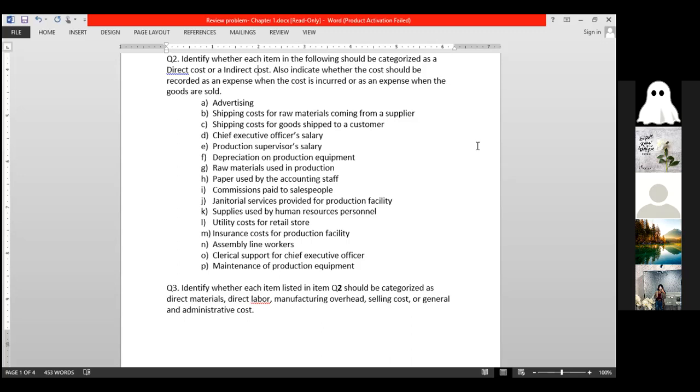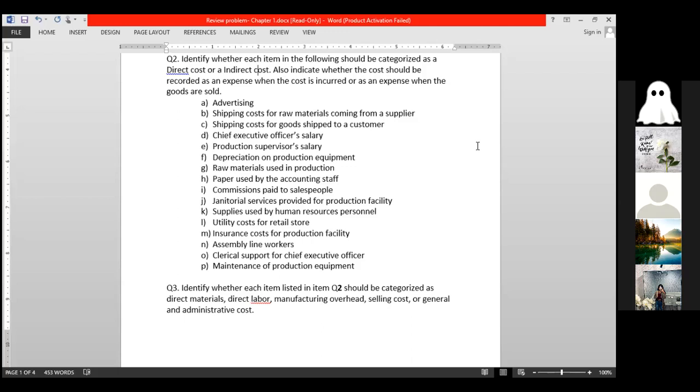Then chief executive officer's salary. Indirect. Yes, this is the CEO salary. It is indirect, right? CEO doesn't work on the shop floor. They are not indispensable to the production. Production will go on without a CEO also. Mostly CEO would be involved in marketing and advertising of the product.